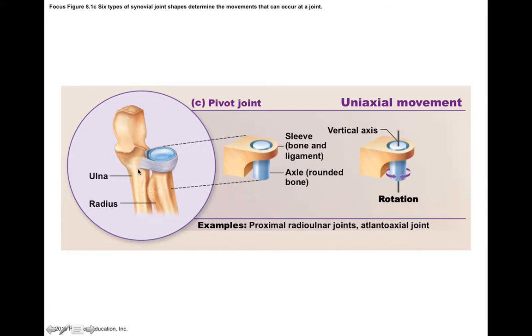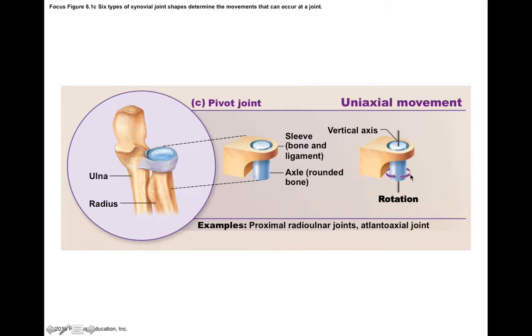Now a pivot joint is pretty fascinating. One example of this is where you find the ulna and radius articulate at the proximal end, where the head of the radius can actually rotate around the ulna. What's pretty cool is that the head of the radius is actually encased in this little ligament, and this sleeve surrounds the radius, and basically this axle moves. Now in this example it's not a bone, this is a ligament, but an example of where you'd find a bone here would be like the atlas and axis, where they articulate.